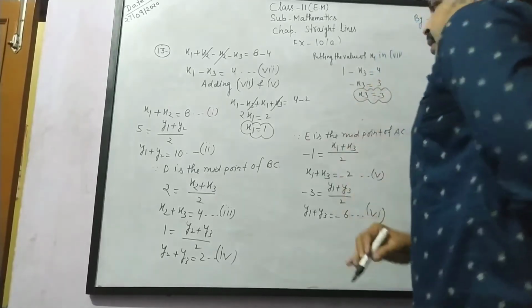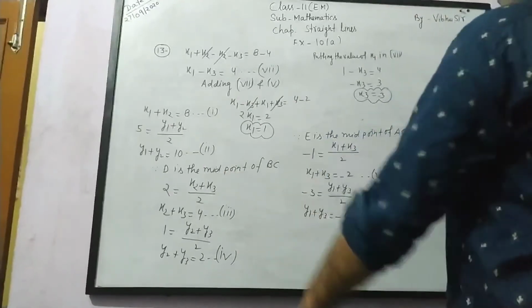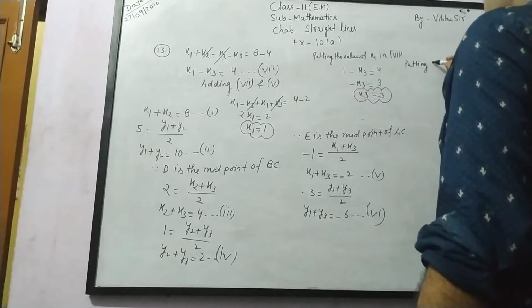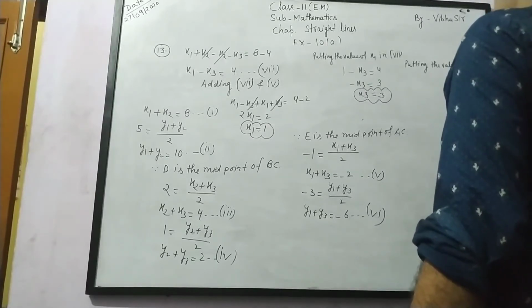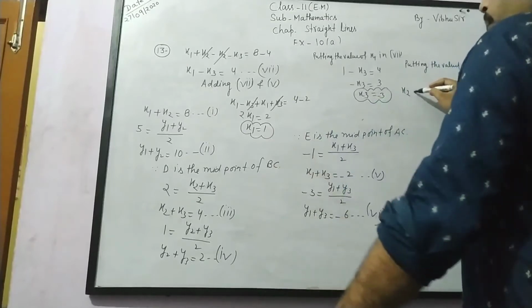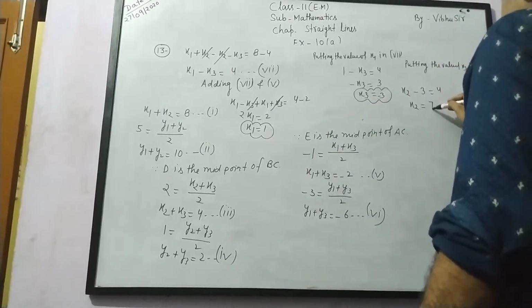Putting the value of x3 in equation number 3, x2 minus 3 equals 4, therefore x2 equals 7.